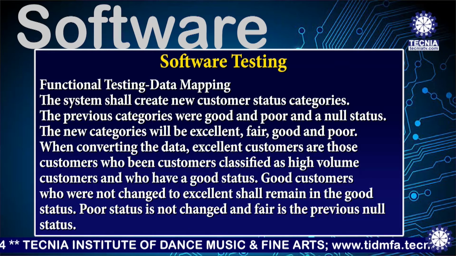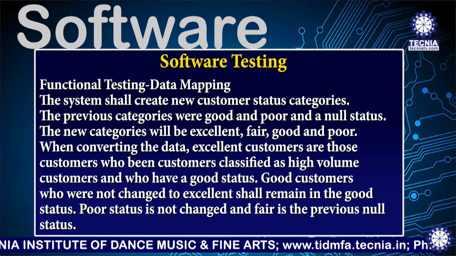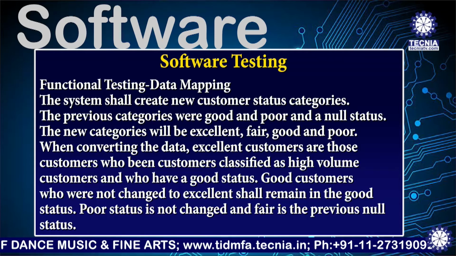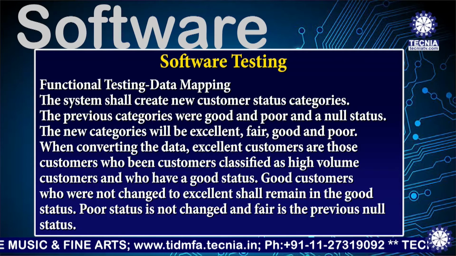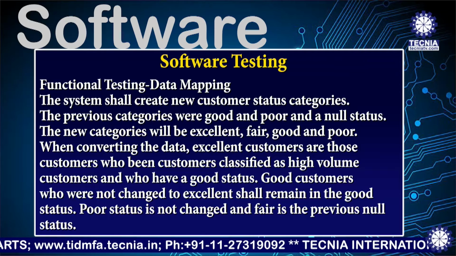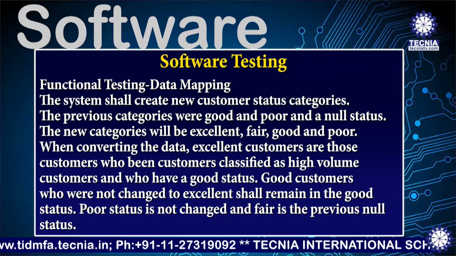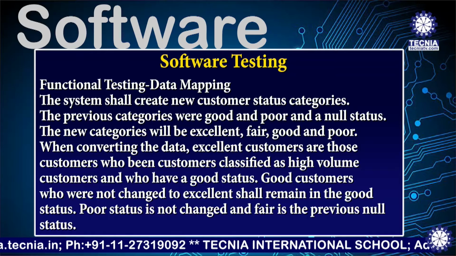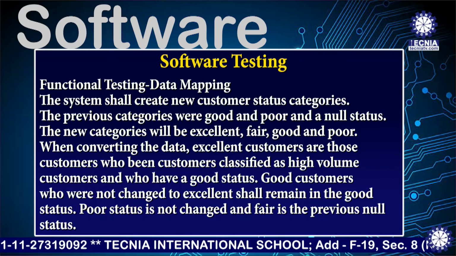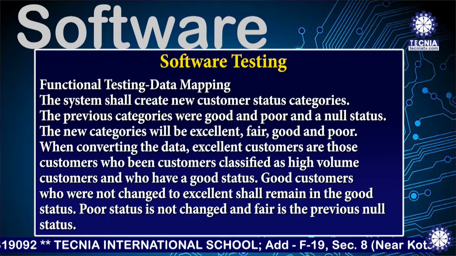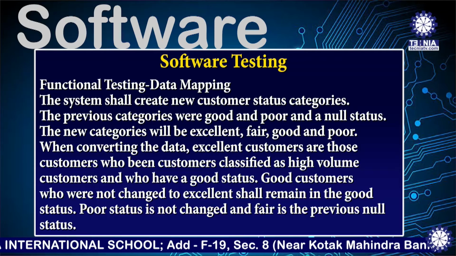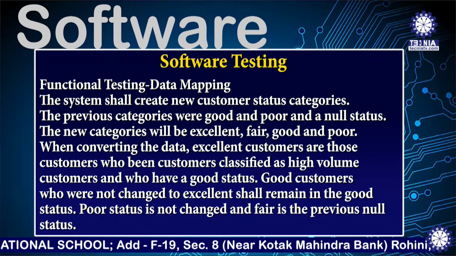So friends, functional testing is very complex testing, and in this we see whether the mapping is done in a perfect way or not. For example, let us take the previous example. If a customer is an excellent customer, then the discount for an excellent customer must be mapped with 5%.